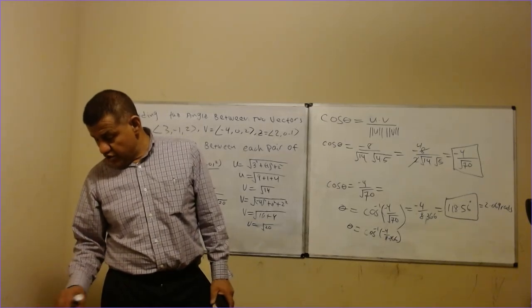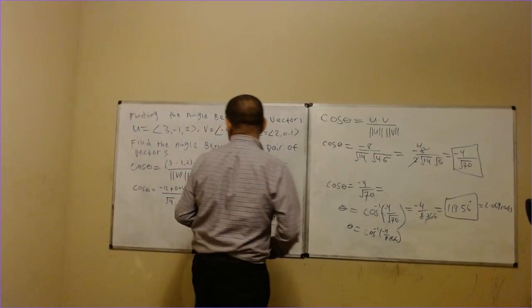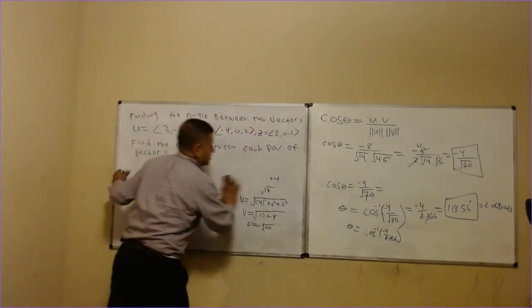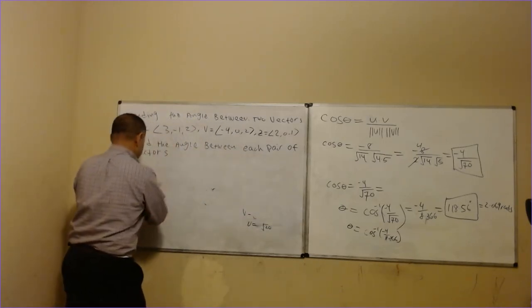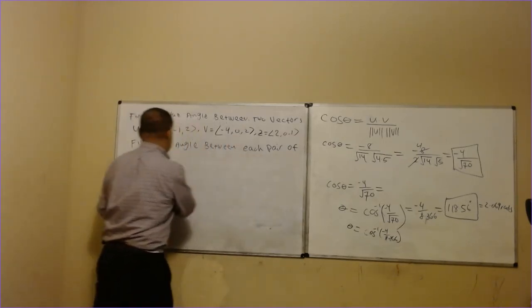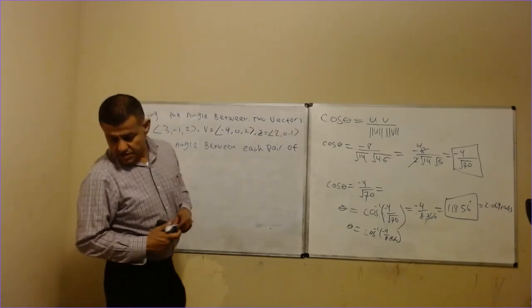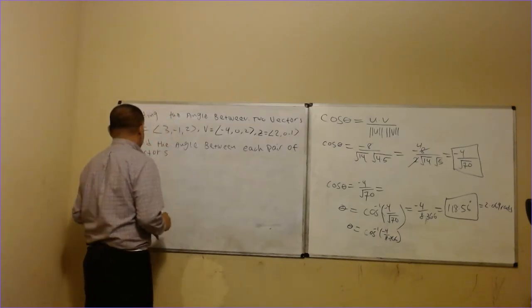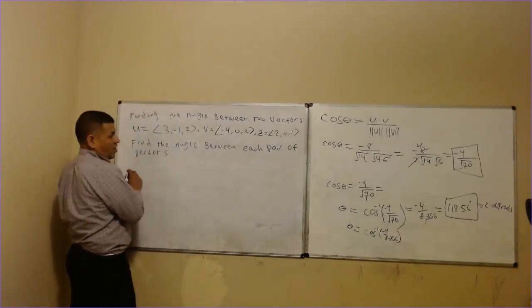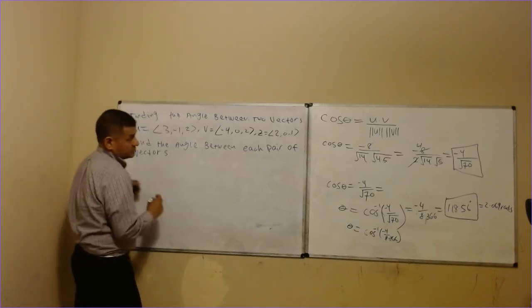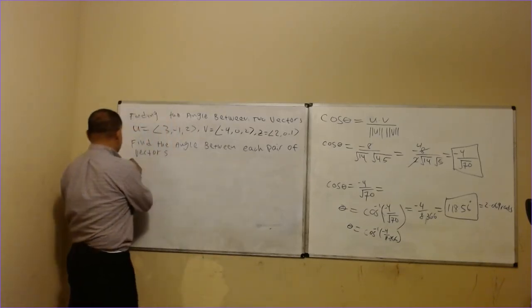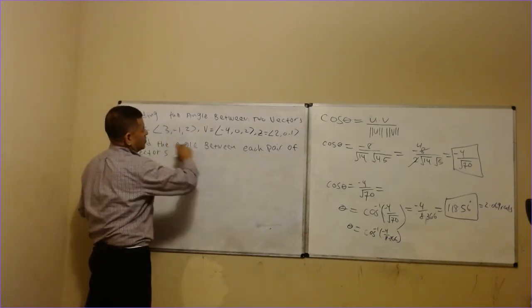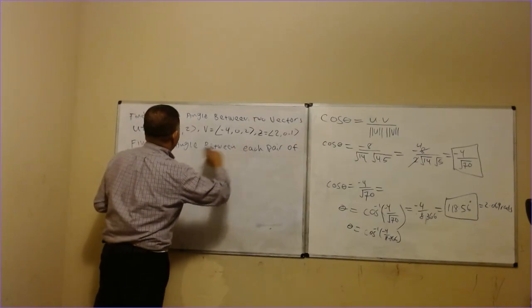Now we can do UW. Let's do UW quick. So we did that, right? So now let's do part B. Part B says that we need to do U and W, right?